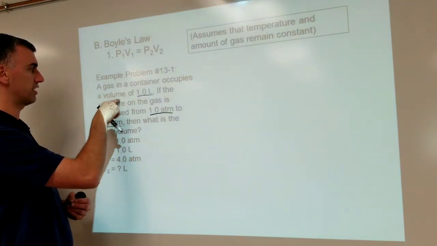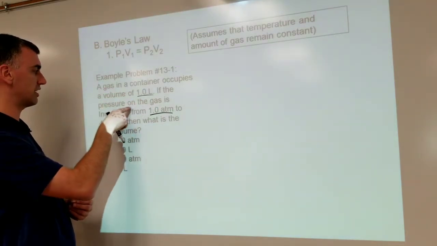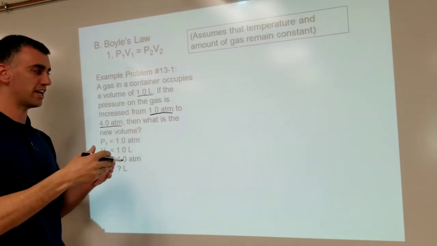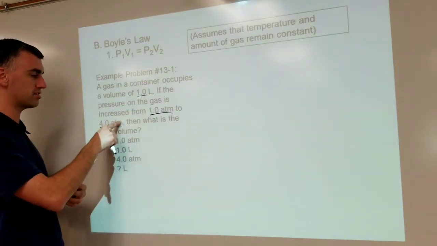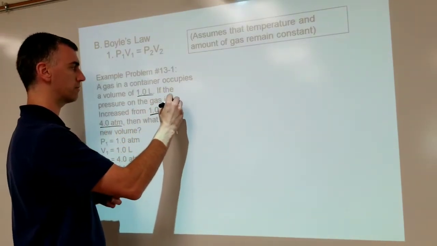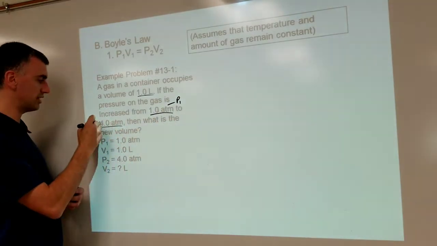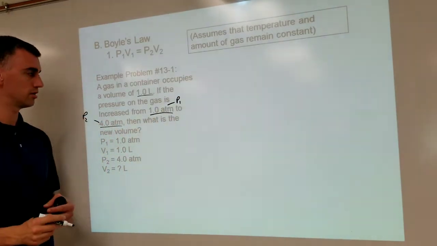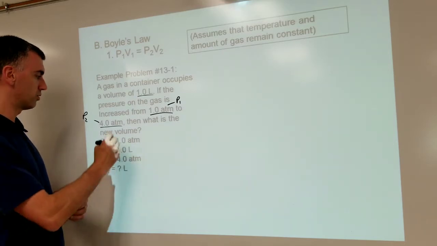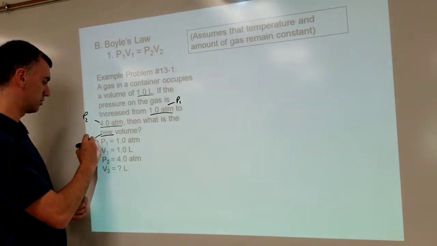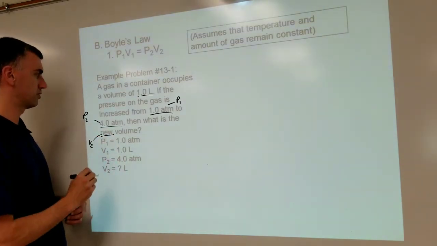So, let's see. A container occupies a volume of 1 liter. If the pressure on the gas is increased, so we've changed from this to this. So from this, that's P1, to this, that's P2. Then what is the new volume? Well, new volume, that means V2.